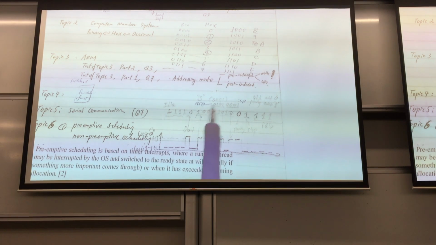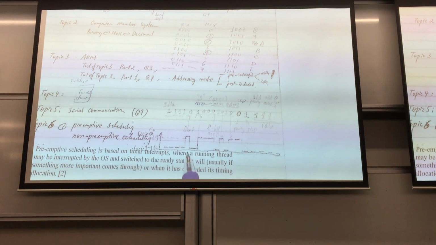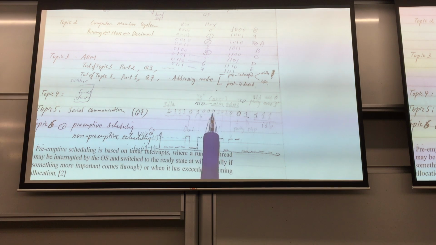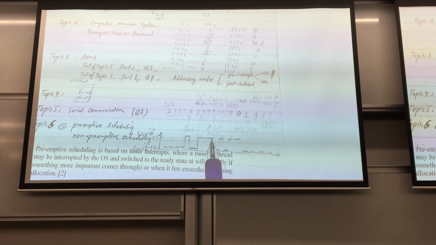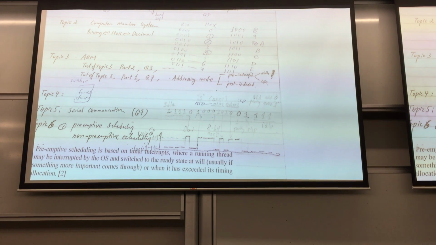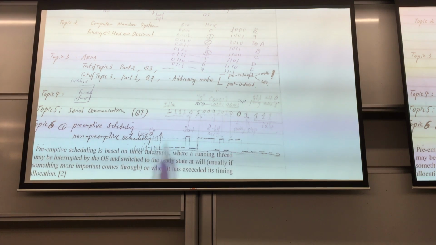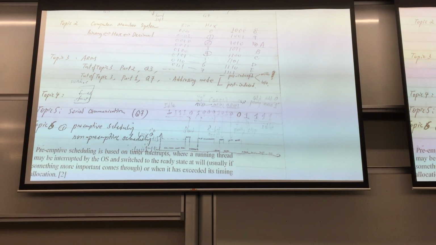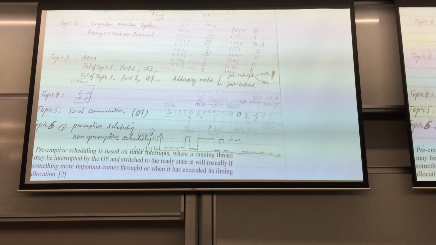Positive 15, followed by 1, again negative 15, and so on and so forth. Okay, and if I give you this waveform, are you able to tell me what character I'm going to send? Yes.